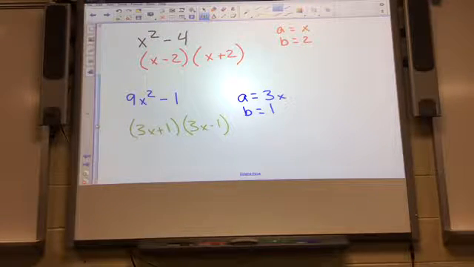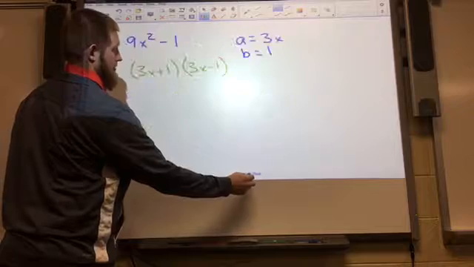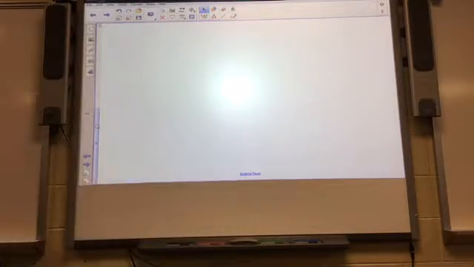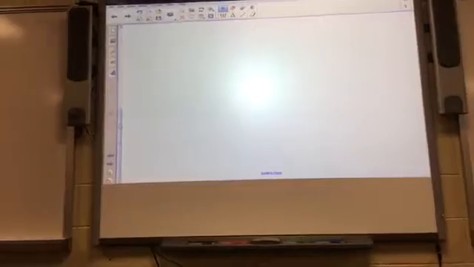Today, we're going to take that one step further, and we're going to have the difference of two cubes and the sum of two cubes. So instead of squares, we're going to bump that a little bit further into perfect cubes. We know our difference of two squares, right? What is a perfect square?